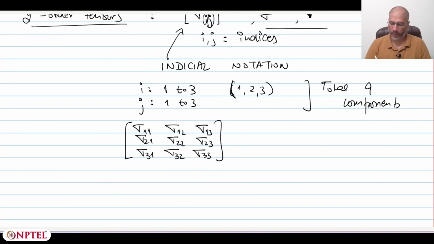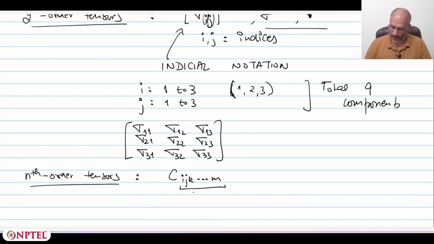Now let's move on to nth order tensors. So nth order tensors typically are denoted using capital English alphabets with the indices written below it like this. And we'll see that the number of indices in this case will be equal to the order of the tensor. If you have n indices here, then we can say it's an nth order tensor, and the number of components it will have will be 3 to the power of n.